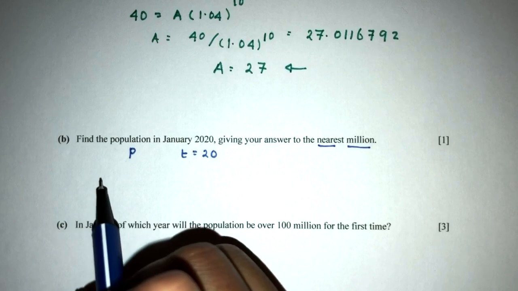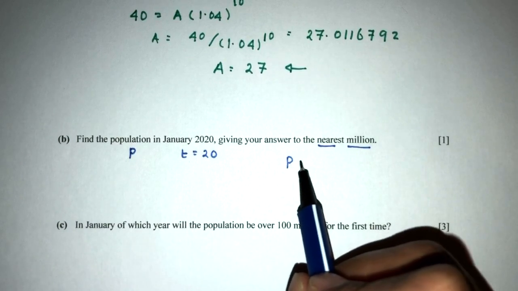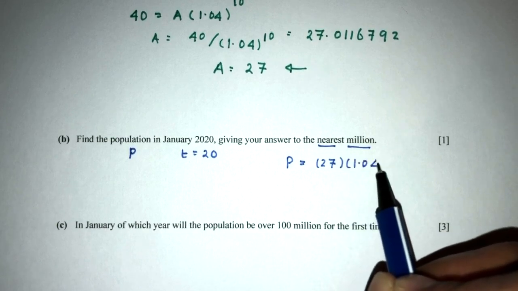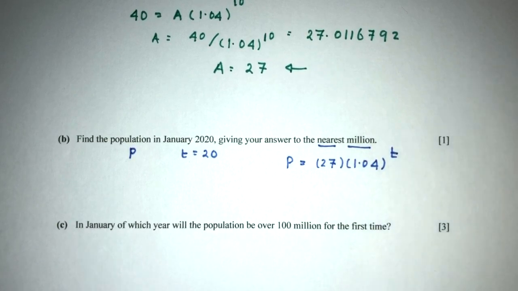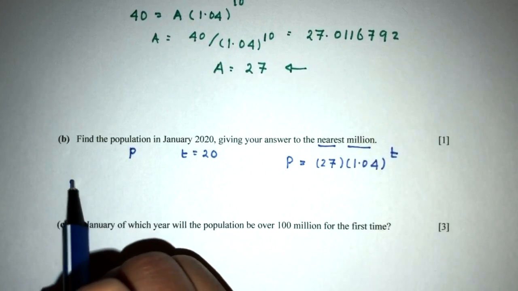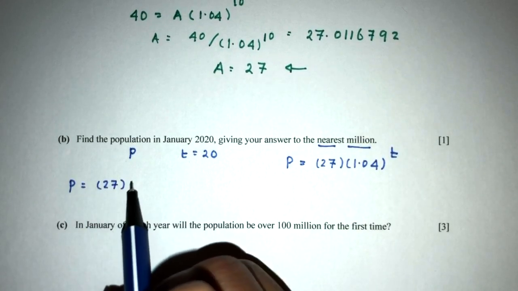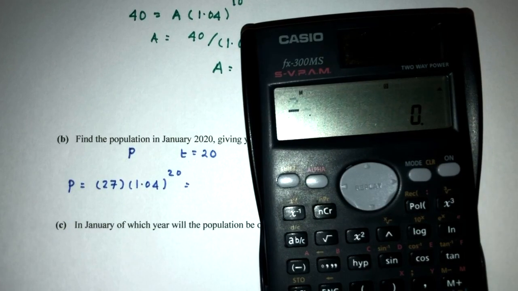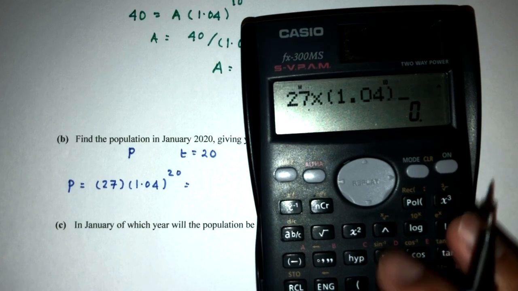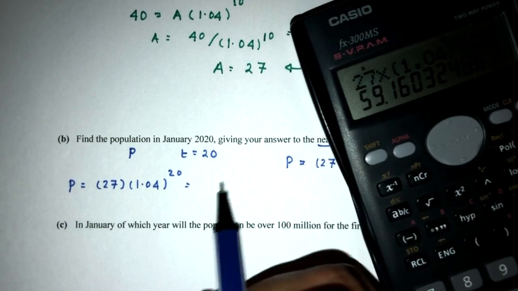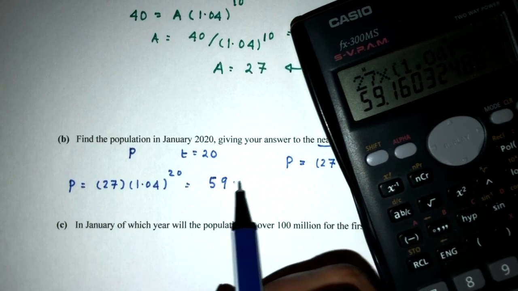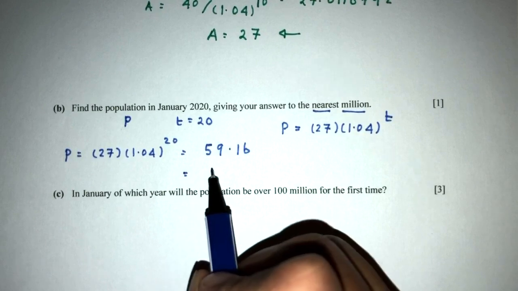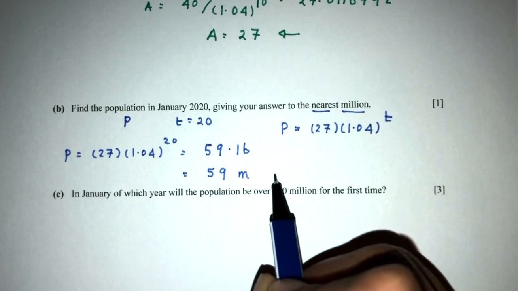Right now our equation is P is equal to A, which is 27, times B, 1.04, to the power T. So replace, you will have P is equal to 27 times 1.04 to the power 20. That will be 59.16. Now, to the nearest million, we have to make this an integer, so it is simply 59 million, right? That should be your answer.